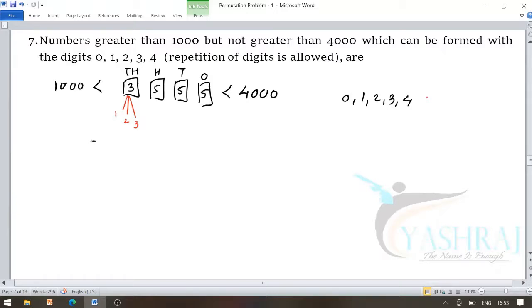So as per the multiplication principle, total ways we are having 3 into 5 into 5 into 5. So 5 fives are 25, 25 fives are 125, 125 threes are 375 ways.